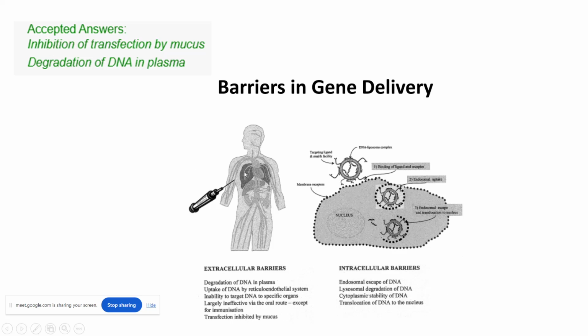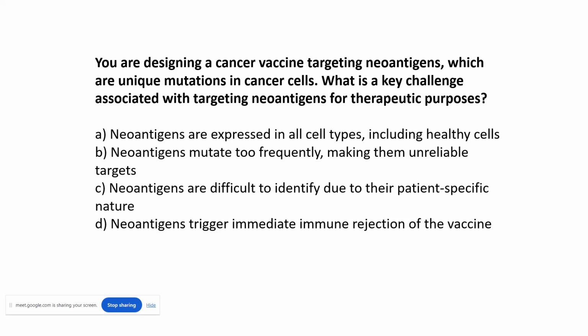Apart from that, there are other extracellular barriers as listed here, where inability to target DNA to specific organs and largely ineffective via the oral route except for immunization, and transfection inhibited by an uptake of DNA by reticuloendothelial system. Okay, moving on to the next question.